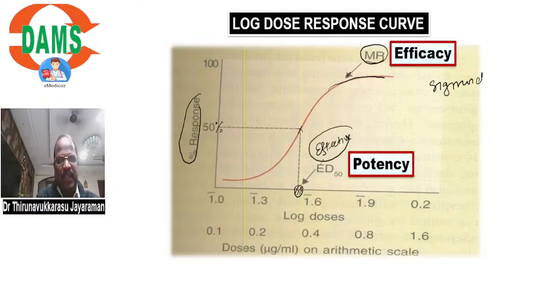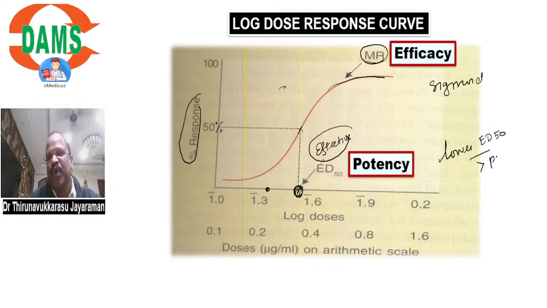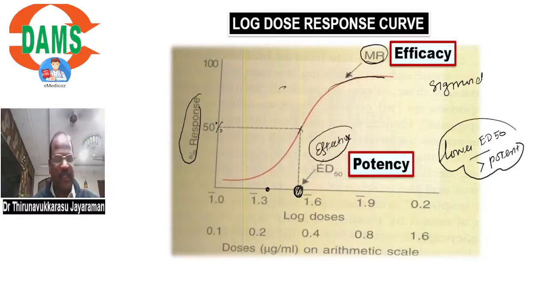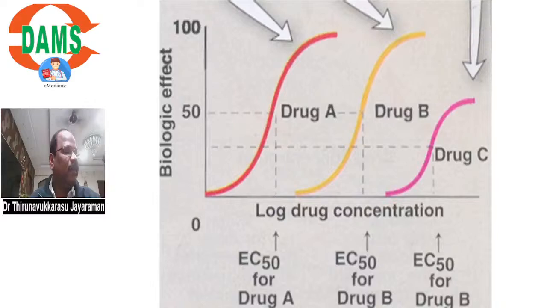The ED50 indicates potency. That means even with a lower dose, if I get a very good response, that drug is more potent. So the lower the ED50 value, the more potent the drug. That's the meaning. So based on that, can you answer, Wasim Ahmed and Pratibha?